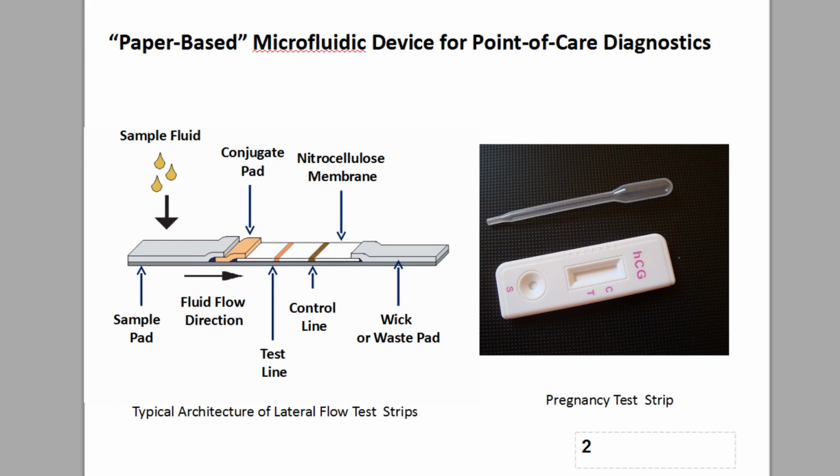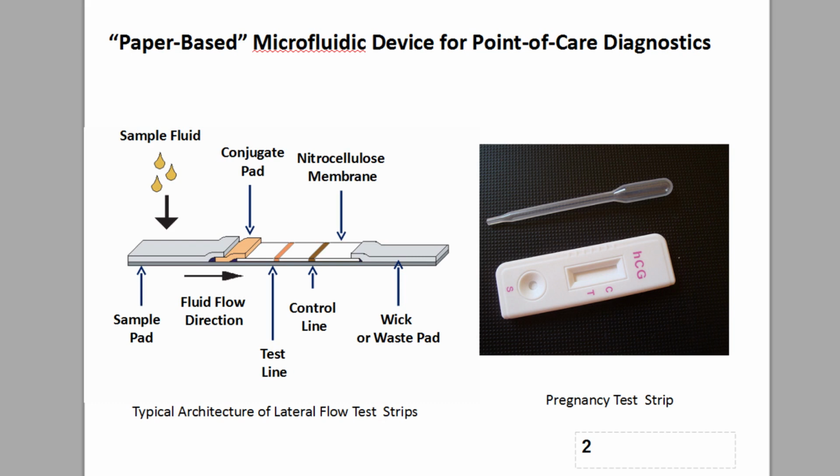In operation, a biological sample in fluid form is deposited on the sample pad and begins to flow by capillary action through the conjugate pad. The antigens in the sample, if there are any, conjugate with the detection antibodies, and this conjugate then proceeds to flow over the test line, where the antigens are captured by the capture antibodies, thus congregating the nanoparticles, and a visible color develops.